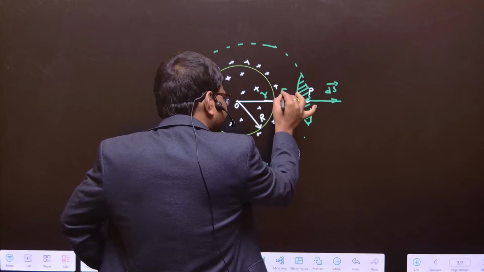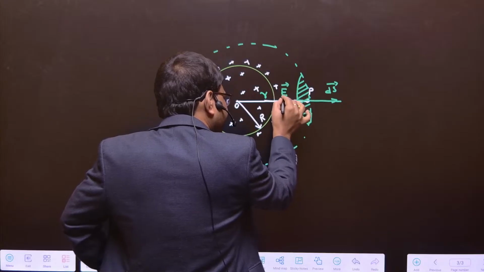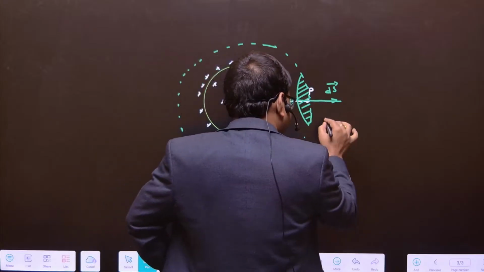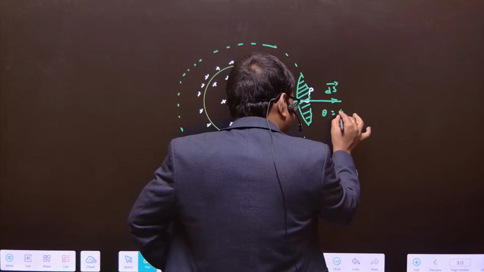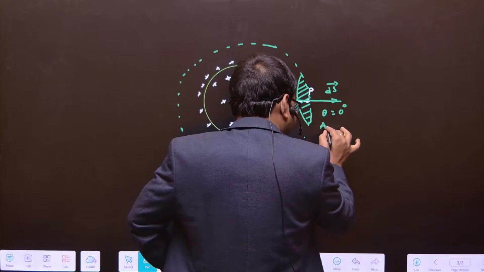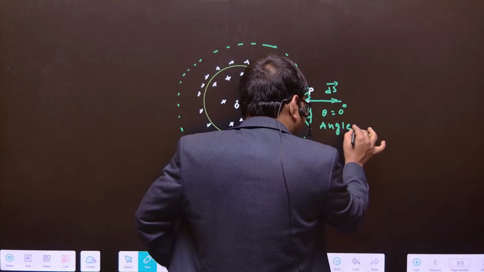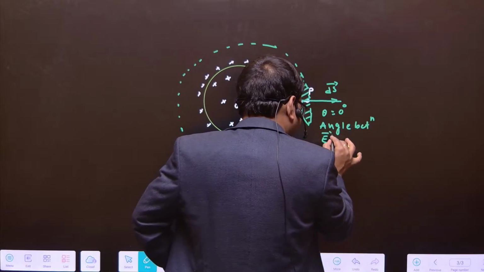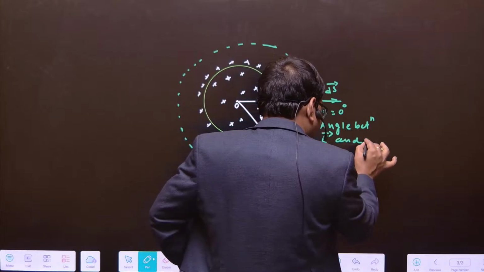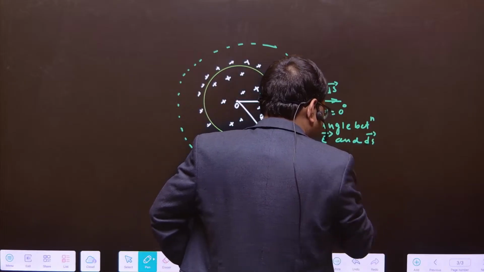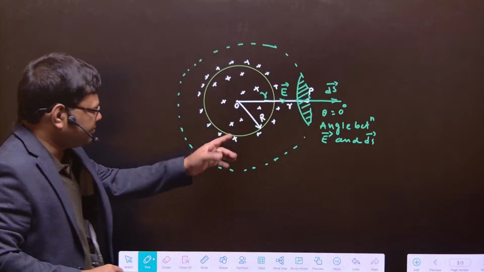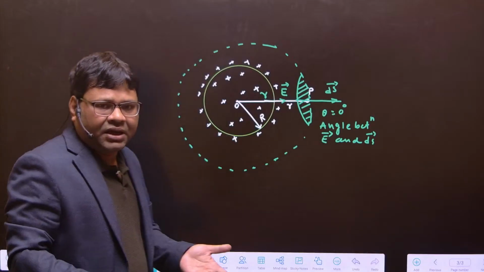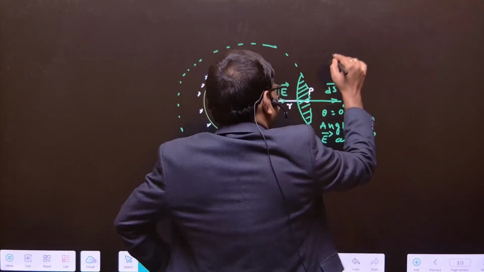Like before, the angle between the electric field and ds vector, theta, is equal to 0 degrees. Any problem? So again we can apply Gauss law. Applying Gauss law, now see here.